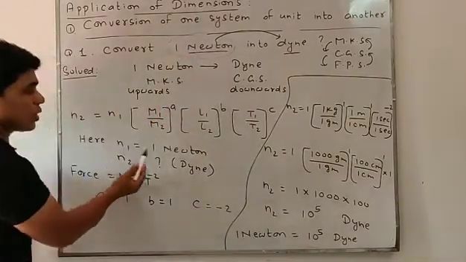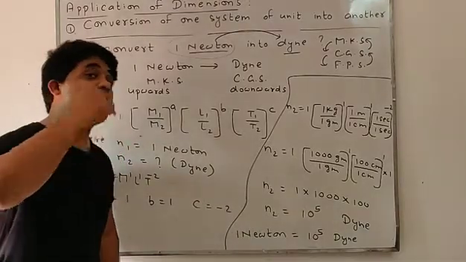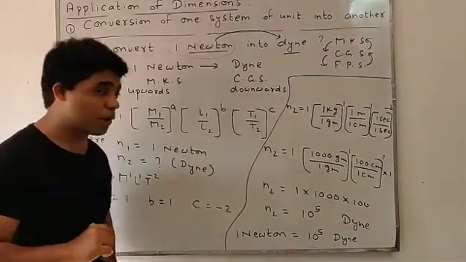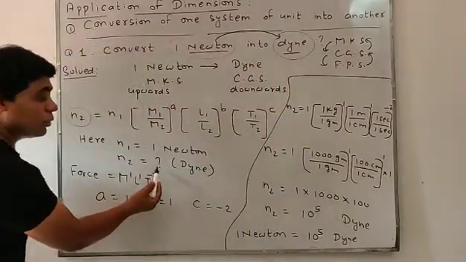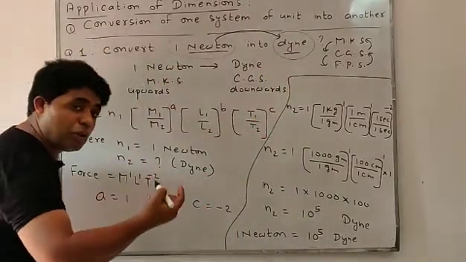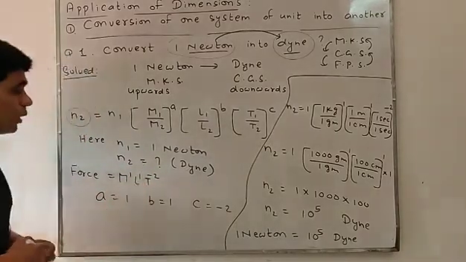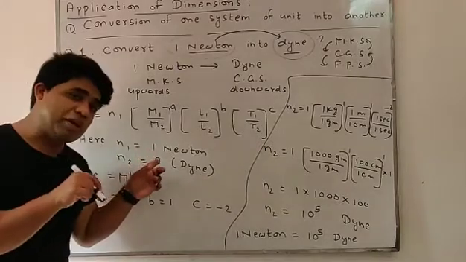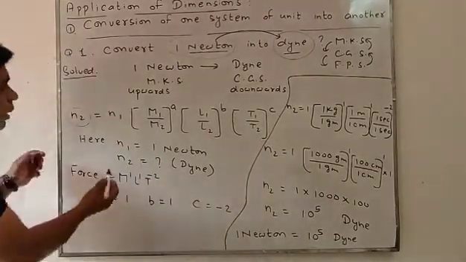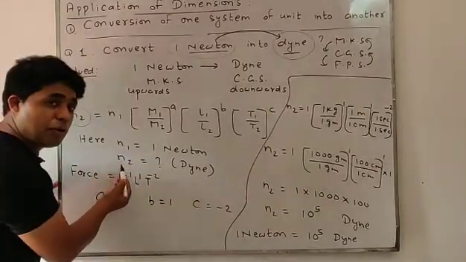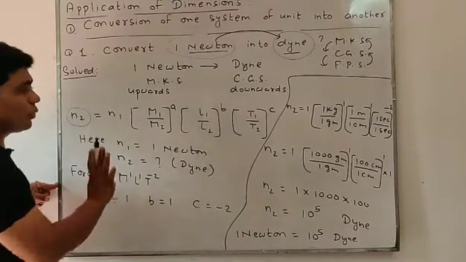N2 is the numerical value in the other system into which we have to convert, that is, in dyne. That we have to find. It means N1 is always given in the question and you always have to find N2.